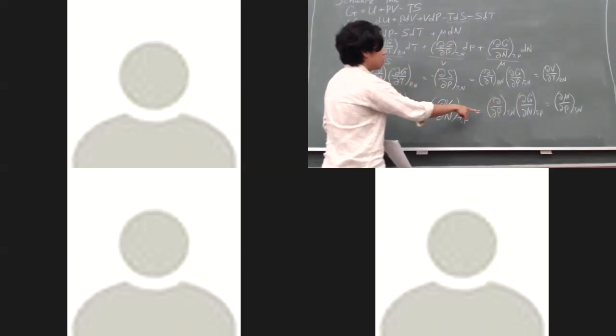And there should be another one. Hold on, which one did I not do yet? I've done dG/dn and dG/dp, so I'm missing dG/dn and dG/dT. So dG/dn holding T and P constant, and out front I got d/dT with P and n constant.